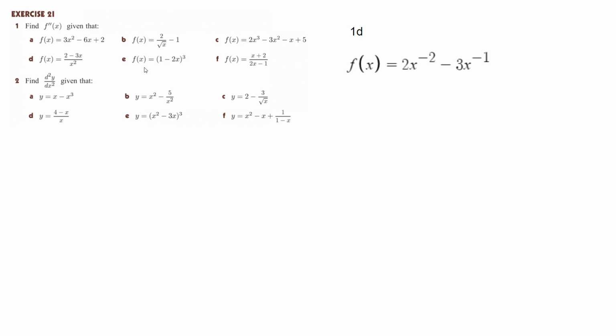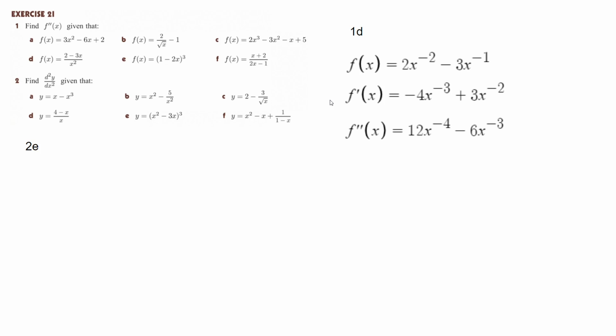That is far easier to differentiate. This would require a quotient rule and then probably another quotient rule after that, which would be harder. Okay, so next line, differentiate that, easy peasy. Then give it one more differentiation to get the second derivative.